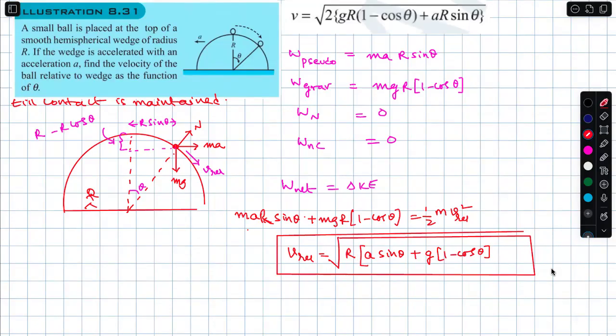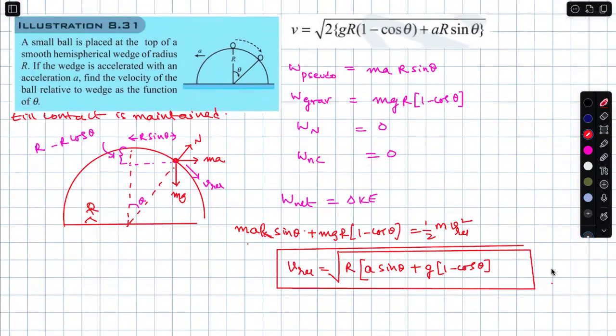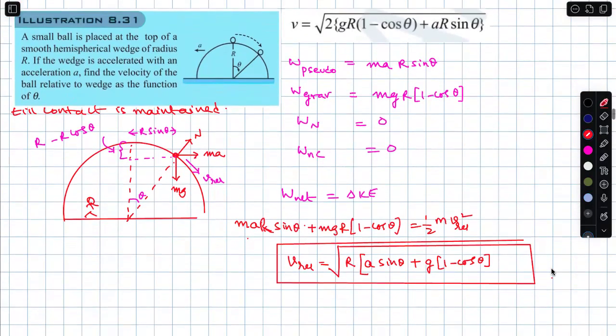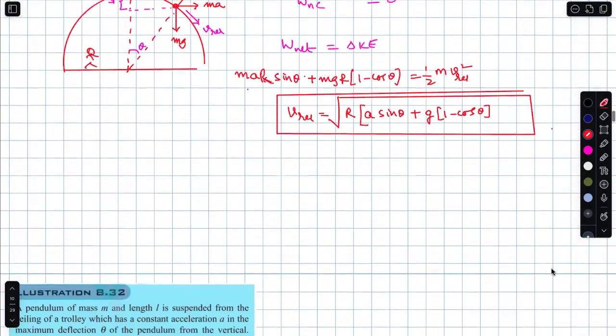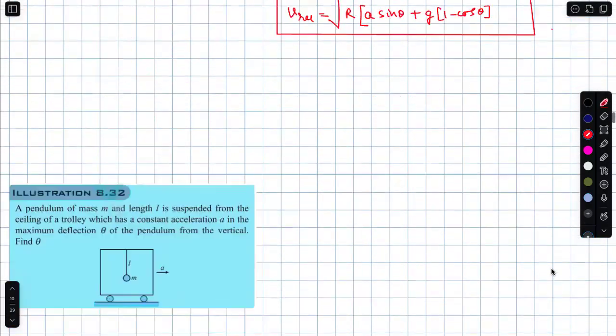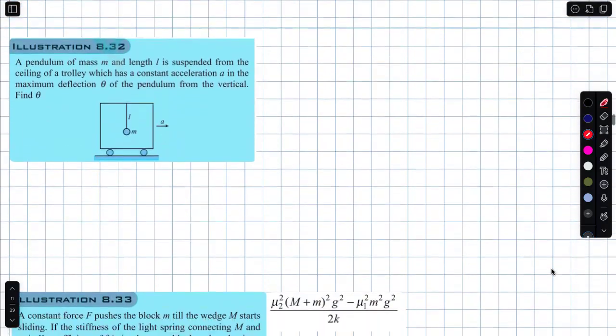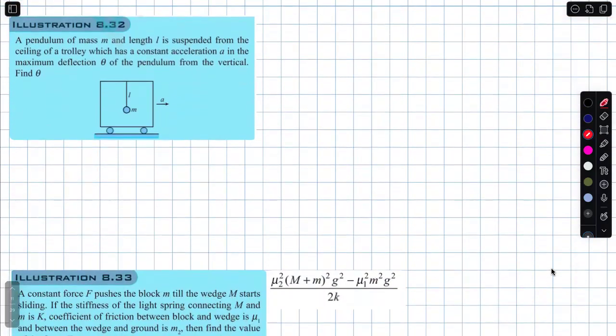Sure? Right. So next. Say a similar model. This question and this question are a similar model. This one and that one also.